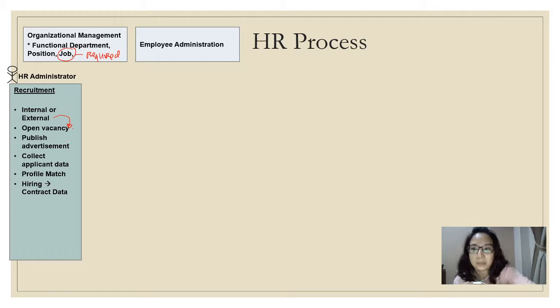For example, we put it on LinkedIn or JobStreet and so on, and then we will collect the applicant data, and then we will do the profile match here. The profile match is actually to compare the applicant data and the required skill.